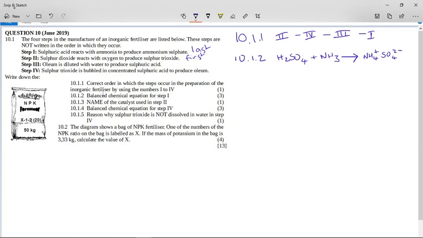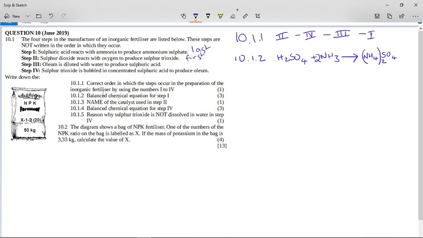So this is not a neutral molecule. That's what I mean when I say it's not balanced. So what we want to do there is make 2 positive charges, and they will balance the 2 negative charges. So now we have ammonium sulfate. But if you look here, I'm going to need 2 ammonias to do this, and this is now balanced.